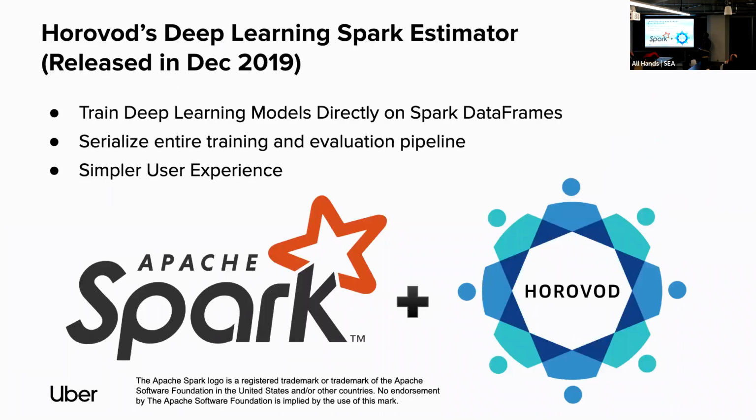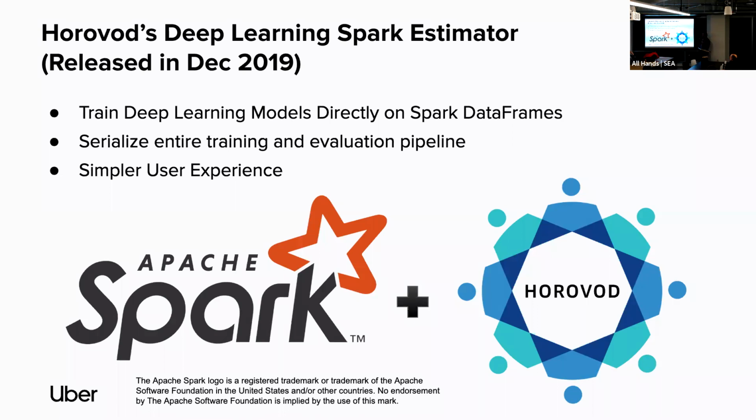So this is where Horovod deep learning Spark estimators come into play. Basically, the idea is that we can directly train deep learning models on Horovod Spark data frames. So instead of having to do all the crazy data handling and separately prepare data yourself, like decide how you're going to feed that data into your model, just use Spark.